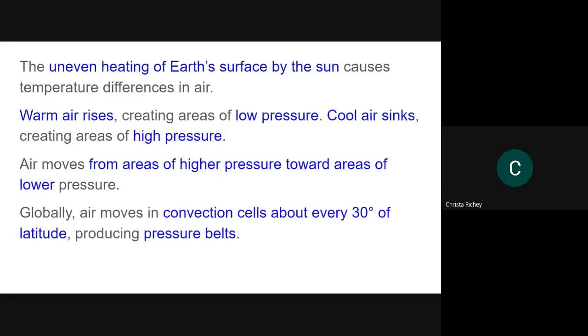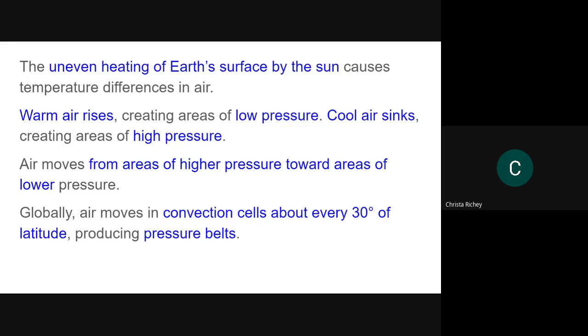Let's see. Now air goes from high pressure to low pressure. It goes from high concentration to low concentration, high energy to low energy. Same thing. It goes from more concentrated, which is high pressure, more air per unit volume because it's denser, to areas of lower pressure. When we take a look at winds tomorrow, we have these things called Hadley cells, and Hadley cells happen about every 30 degrees latitude.